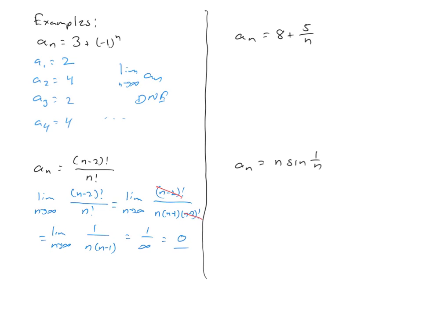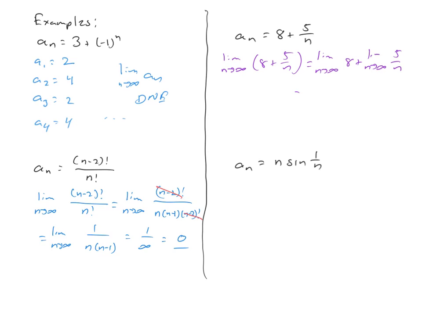Let's look at the next one. a sub n is equal to 8 plus 5 over n. In this case, the limit as n approaches infinity of 8 plus 5 over n is going to be the limit as n approaches infinity of 8 plus the limit as n approaches infinity of 5 over n.